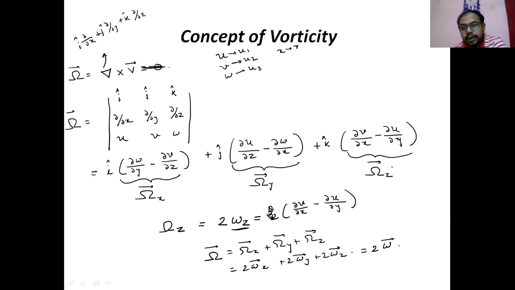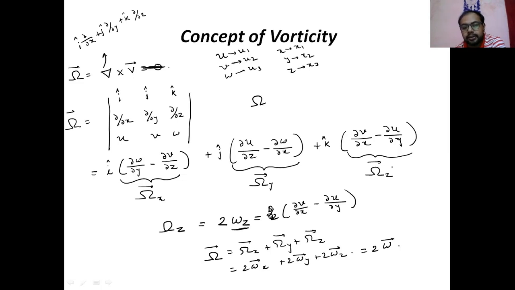Why I am invoking this is because it will give you a better idea or generalization in these cases. So here, if you replace only this part, the vorticity vector about the x-axis, or you can write it down for the plane.